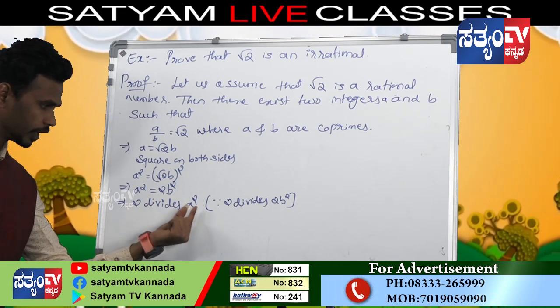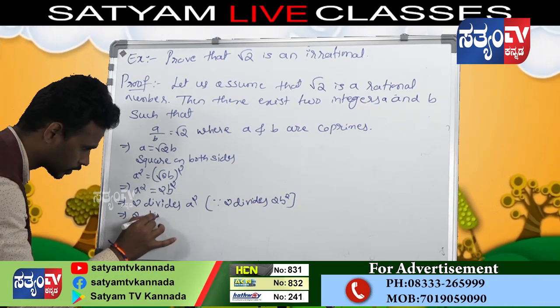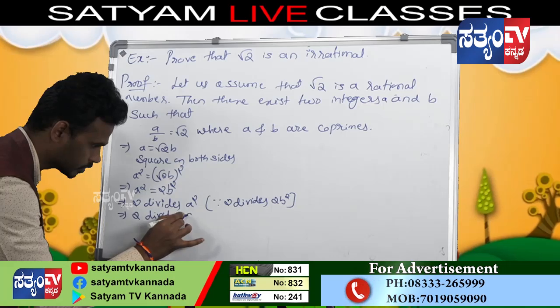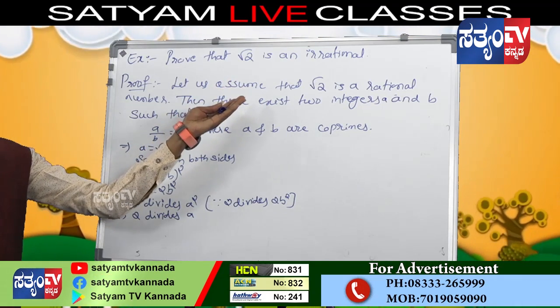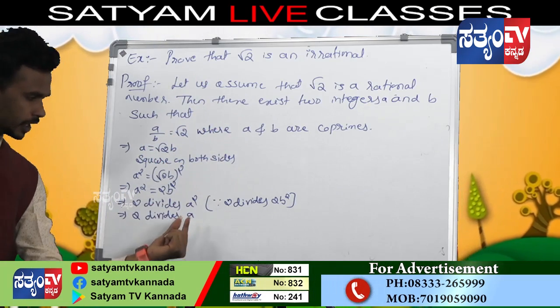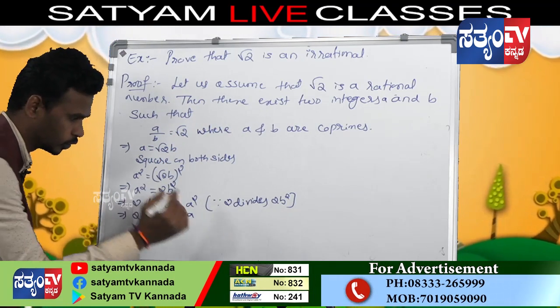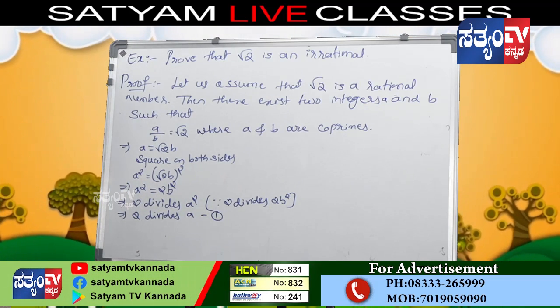So 2 divides A square. This implies 2 divides A. As you already know that theorem, if p divides A square, then p also divides A. So by that 2 divides A. Let us take this as equation 1.